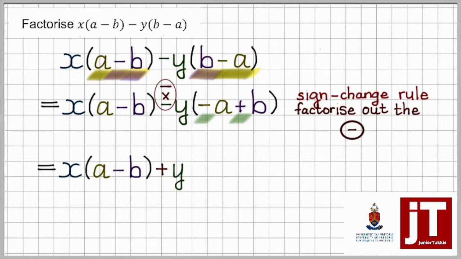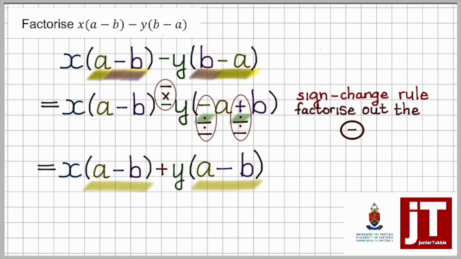And when we factorize out the negative, it basically means that we are taking each term inside the brackets and dividing it by negative. So we say negative a divided by negative and we end up with positive a. And we say positive b divided by negative and we end up with negative b.